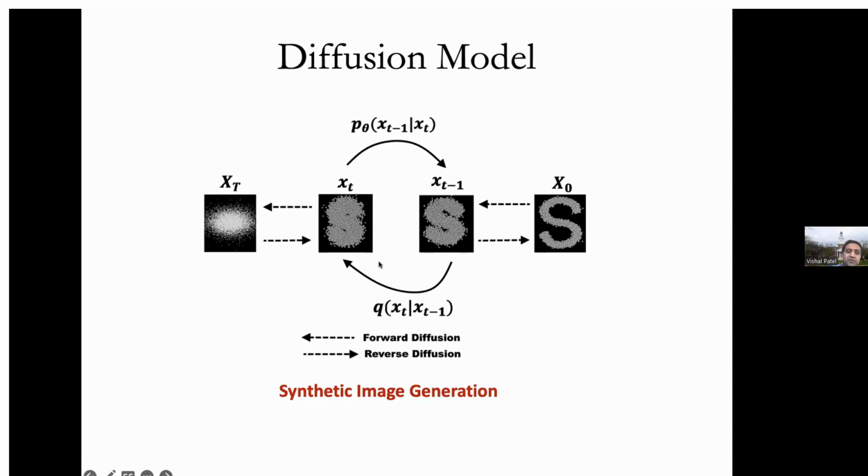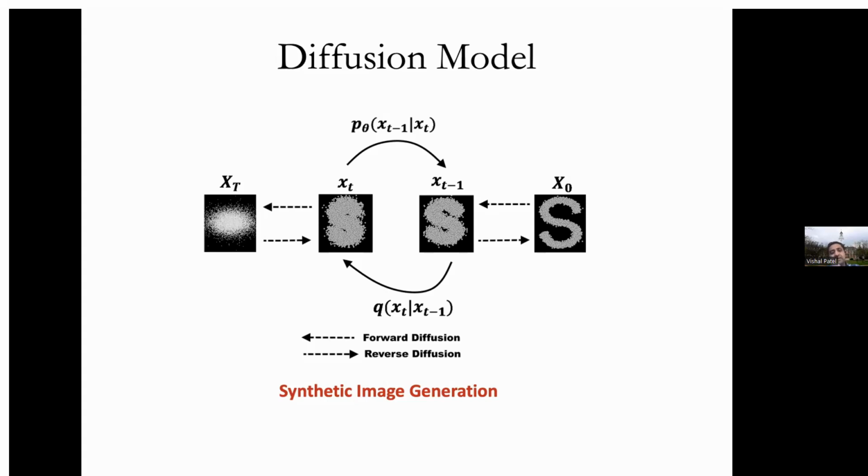And then you repeat this process. And this is done with the help of a neural network. And once you're able to do this, now you have a generative model, which can take any noisy image as input, and you can apply this reverse process, and it will generate a novel image. And this is the idea of diffusion models.